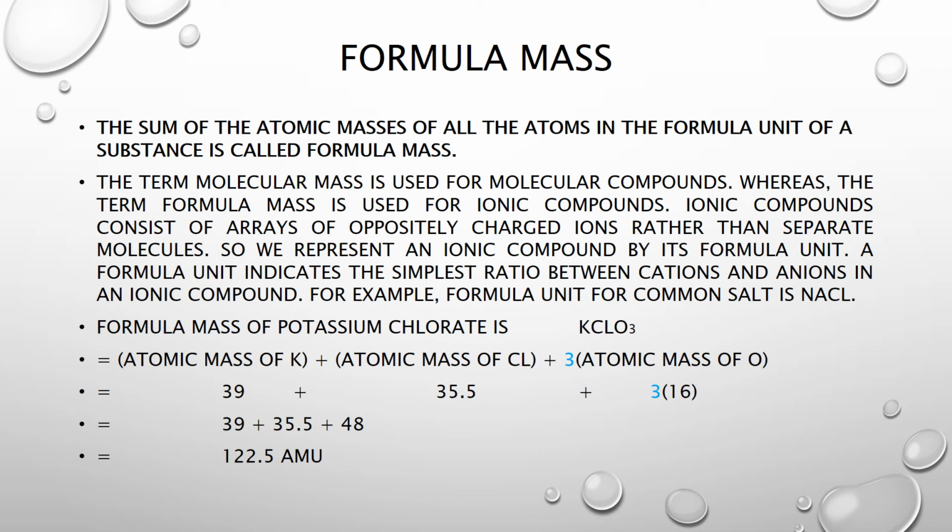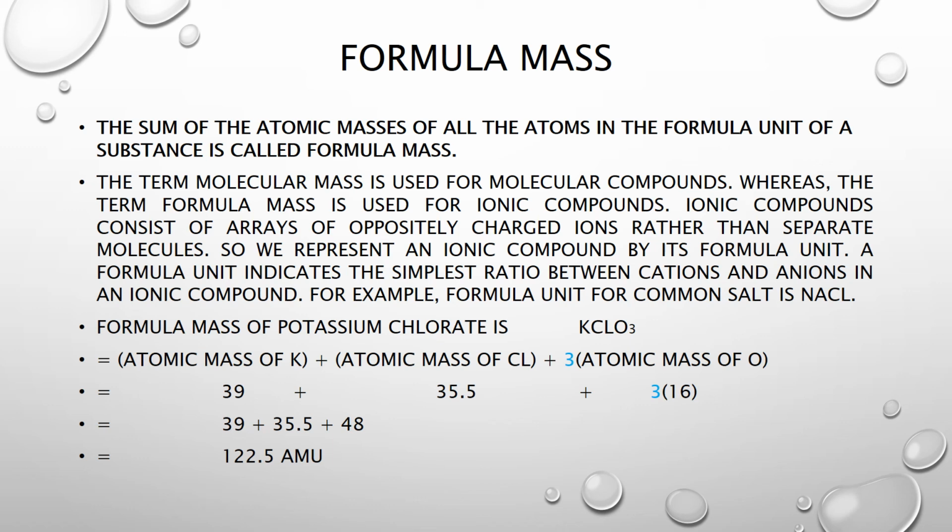These ionic compounds consist of arrays of oppositely charged ions. They do not exist in the form of a single molecule. Actually, they have a particular geometric shape which can grow in a three-dimensional structure. So they consist of arrays. That's why we use the term formula mass for ionic compounds and molecular mass only for molecular compounds.